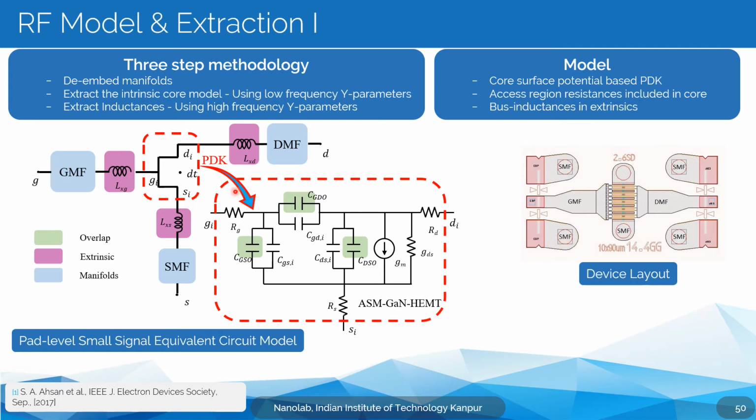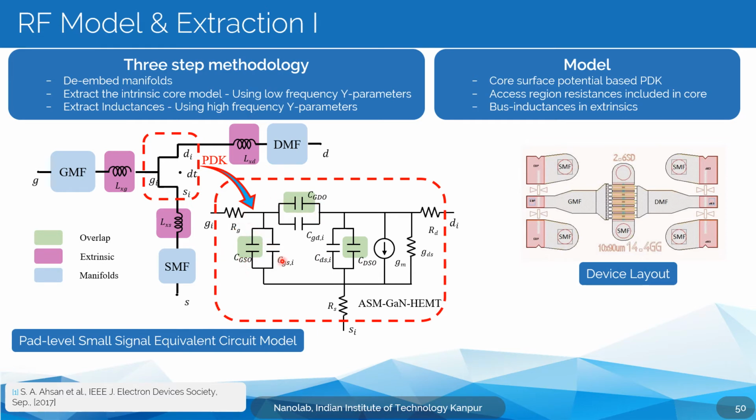And then after these manifolds, there are certain inductive components because of these lengths, and inductance mainly comes from a certain length of a metallic conductor. These small inductances, we need to take them out before we go to the actual device, which is the intrinsic device under the gate and between the source and drain. In that device we have these specific parasitic capacitances which we're going to extract.